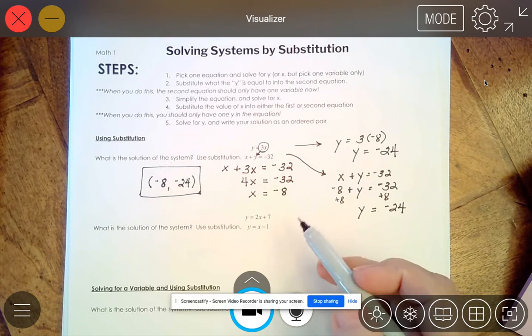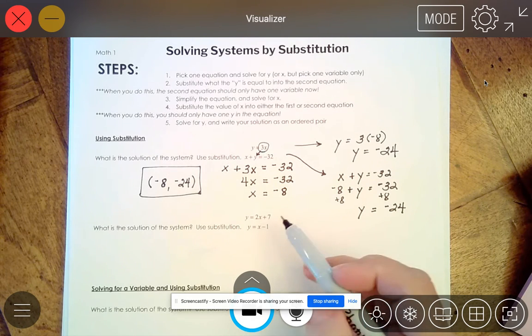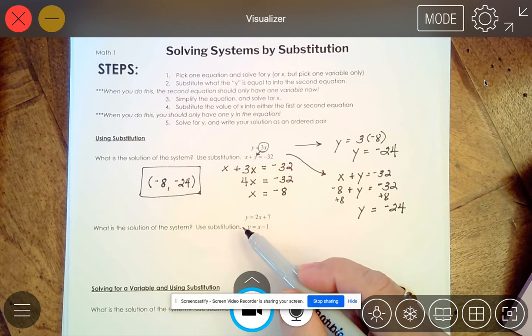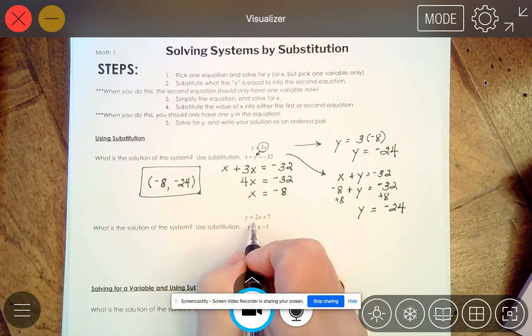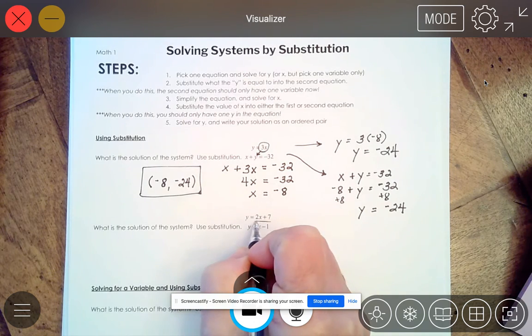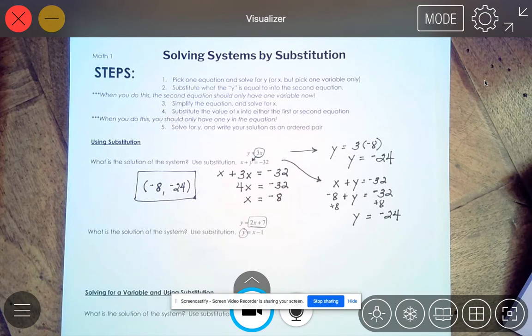I would like for you to do this second one down here, okay? I'm going to start it for you. I know right here that y is equal to 2x plus 7, so I can put it down here into this one, 2x plus 7.